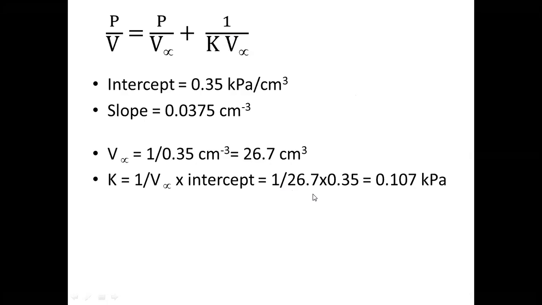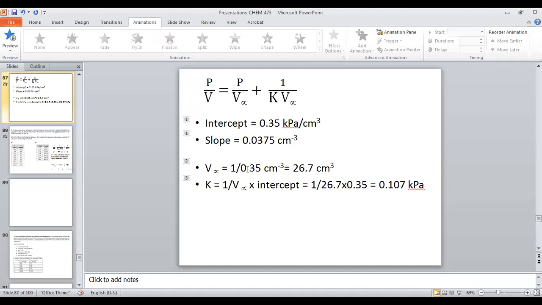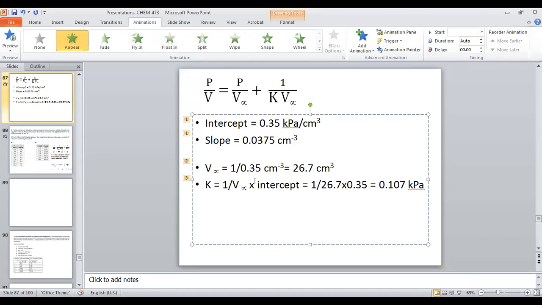Sorry, I think I have wrongly done the value. Slope is 0.0375 and intercept is 0.375.